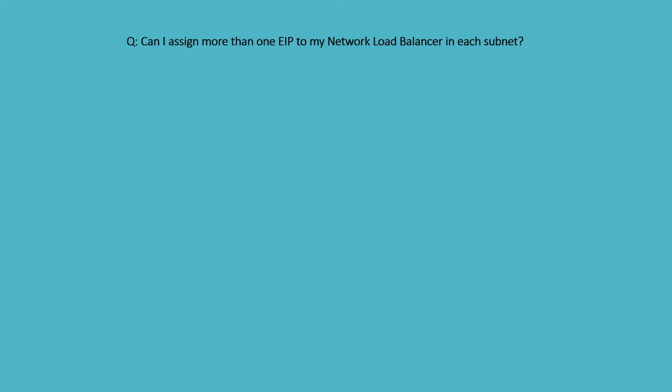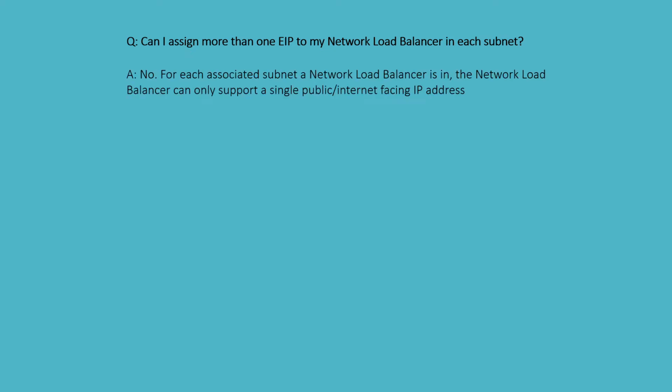Can I assign more than one EIP to my Network Load Balancer in each subnet? No, for each associated subnet, Network Load Balancer can only support a single public internet-facing IP address.